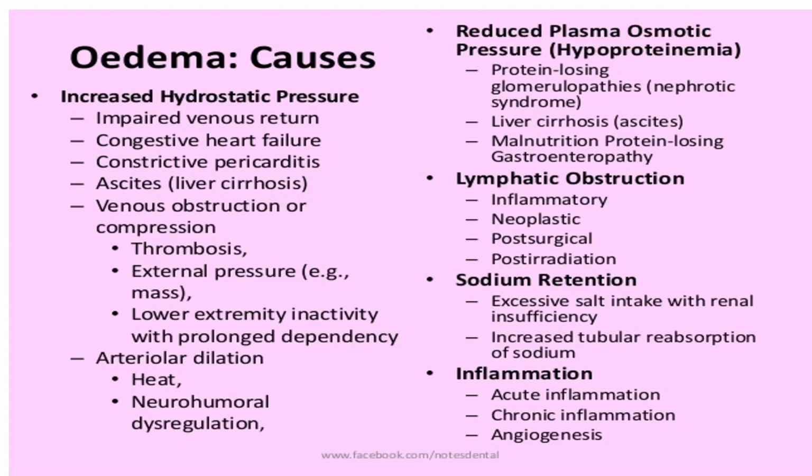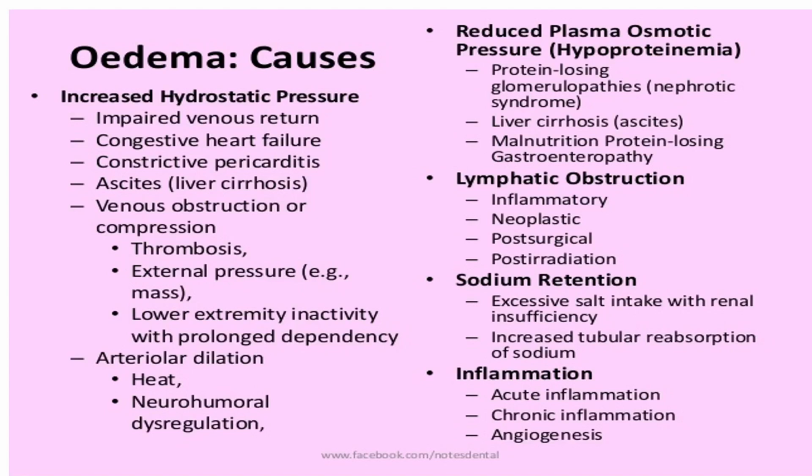Reduced plasma oncotic pressure, as discussed earlier, can be as a result of hypoproteinemia or loss of protein in serum. So these can be caused by protein-losing glomerulopathies, such as nephrotic syndrome. They may be associated with liver cirrhosis, which commonly presents as ascites. Can also be as a result of malnutrition or protein-losing gastroenteropathies.